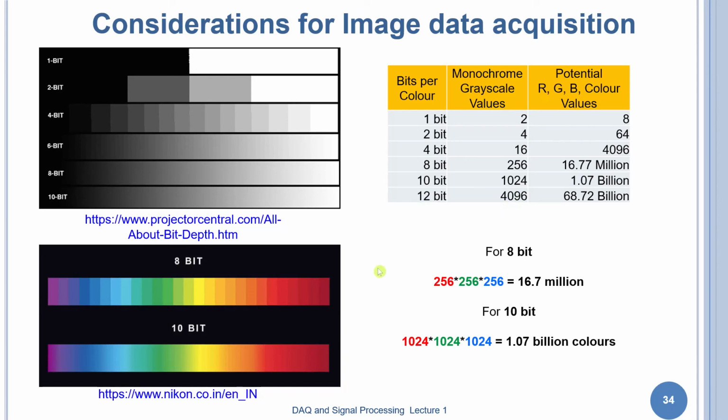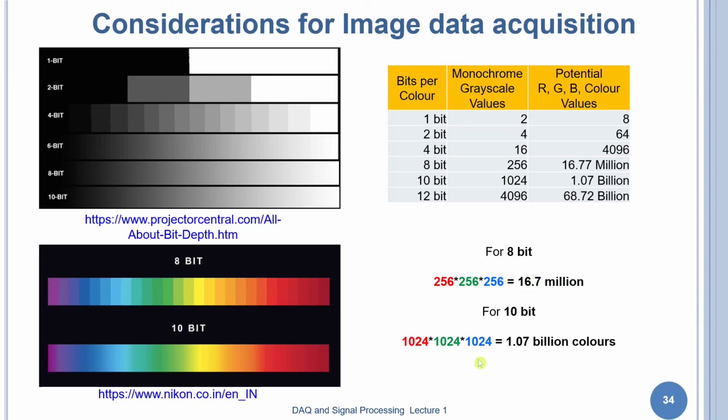If you are using a color camera, for 8-bit you are going to get almost 256 values for red, 256 values for green, 256 values for blue. So the combination gives you almost 16.7 million combinations possible.